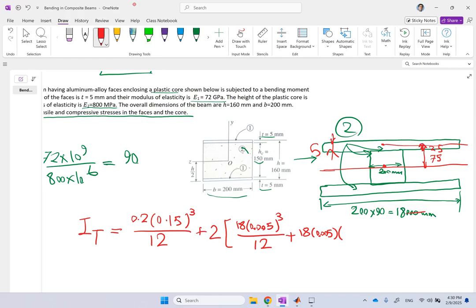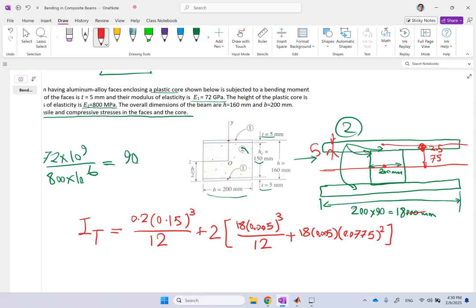Correct? So the whole thing is going to be 2.5 plus 75, or 77.5. Correct? That is the distance from the centroid of each one of these with respect to the neutral axis of the beam. So it is going to be 0.0775 meter squared.